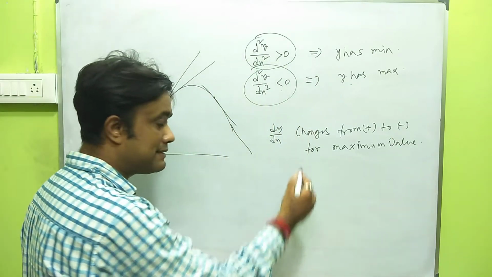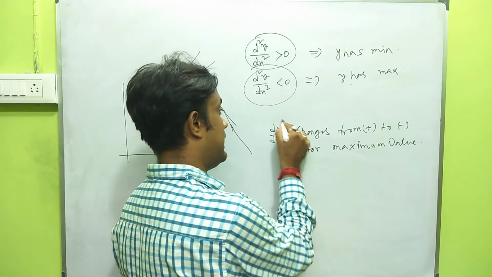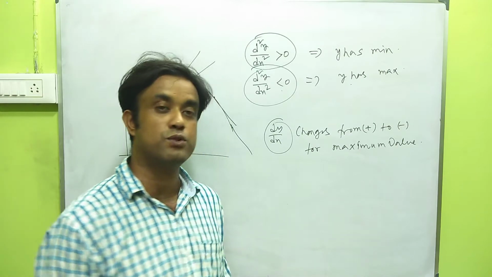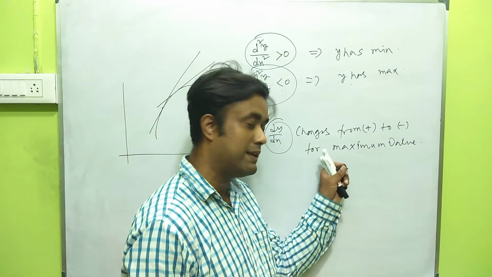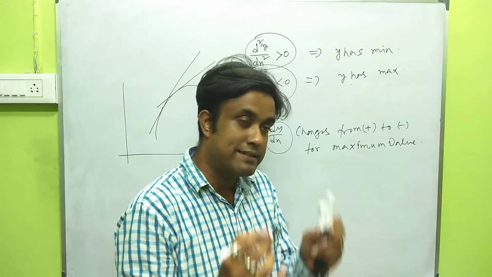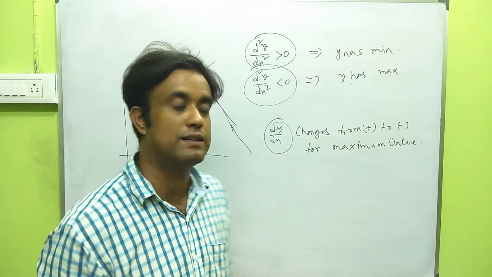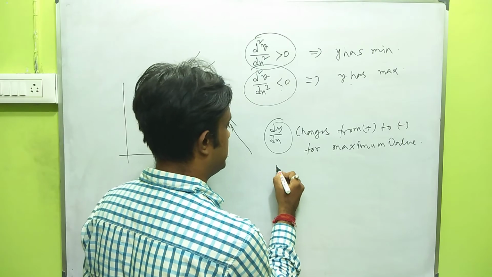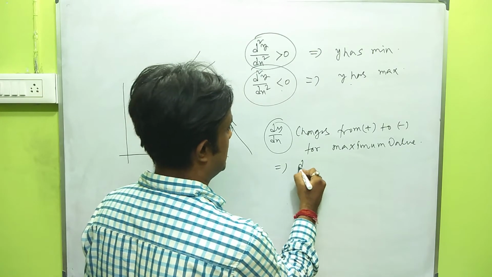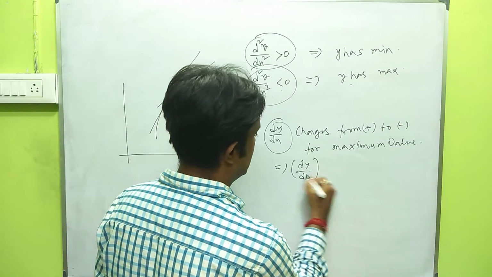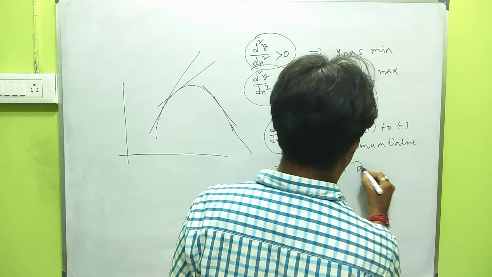So it implies dy dx changes from plus to minus for maximum value. It implies that for maximum, dy dx is a decreasing function.